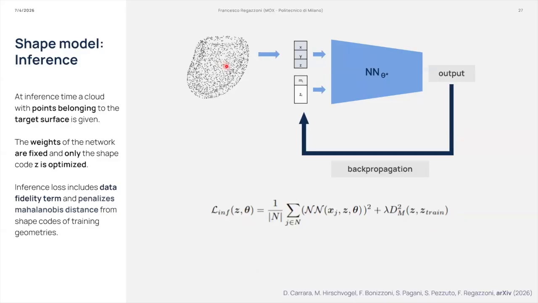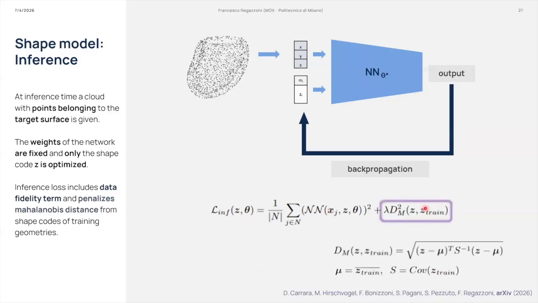The point is that on the surface, the signed distance function should be equal to 0, so we penalize the output of the shape model. And then we use also a regularization term that consists in the Mahalanobis distance between the value of the shape code and the empirical distribution of shape codes that we got during the training.